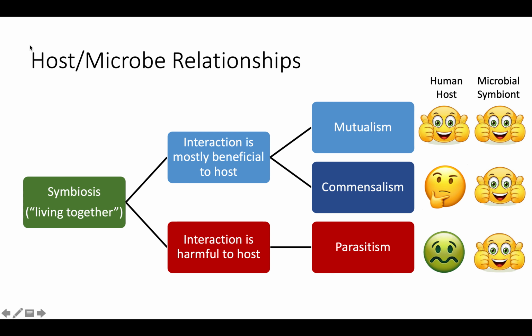Finally, and this is what I'm going to be talking about in this unit, is the interaction in which the microbe is harmful to us or to the host. And the term for that is parasitism. So every pathogen undertakes parasitism. An example of this would be Bacillus anthracis, which causes anthrax.